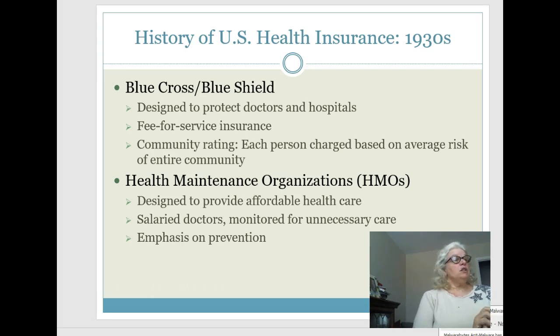They give a salary to doctors, and doctors are to monitor for unnecessary care that people were seeking on their own that insurance was paying for. So there are significant things that come into place as we start looking at this.